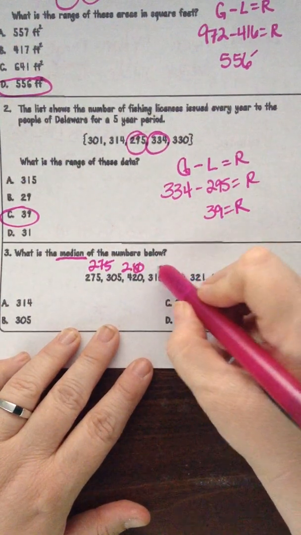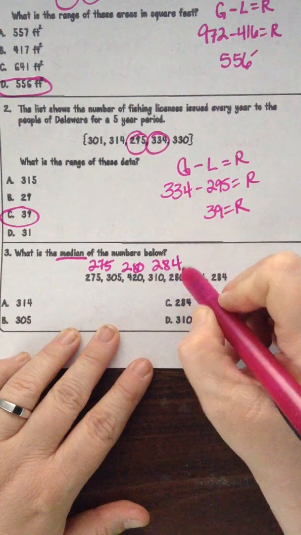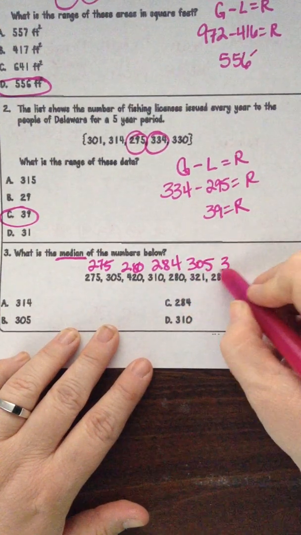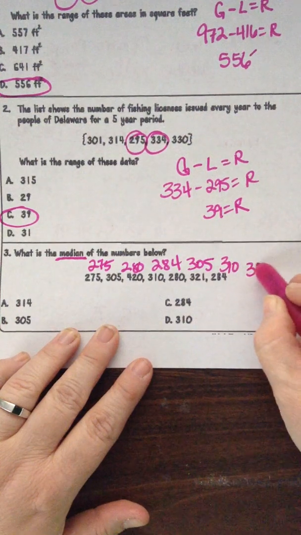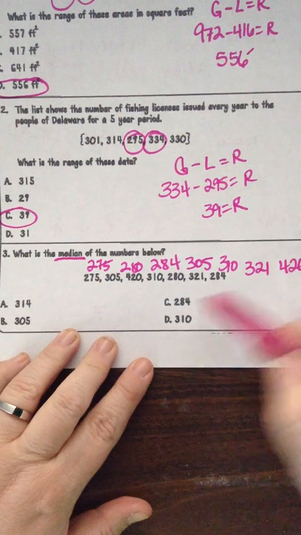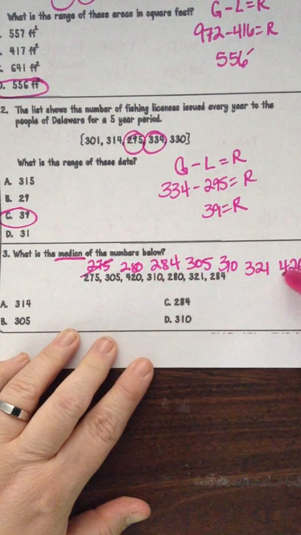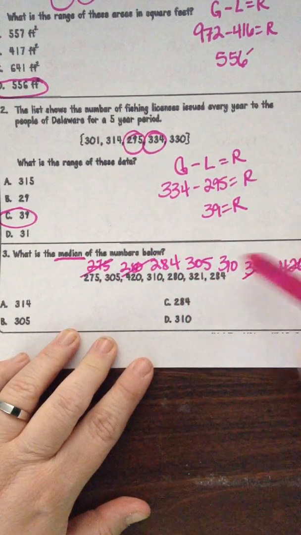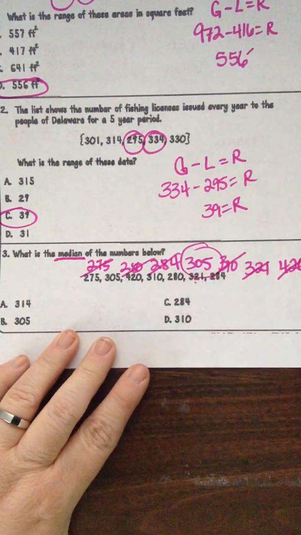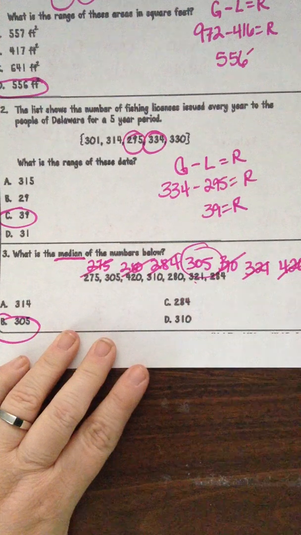Then 284. And 305. And then 310. 321 and 420 is our biggest. So let's go and find the middle. Cross off the end, and then the next one, and the next one, and that means that's our median, 305, and it's letter B. That's it.